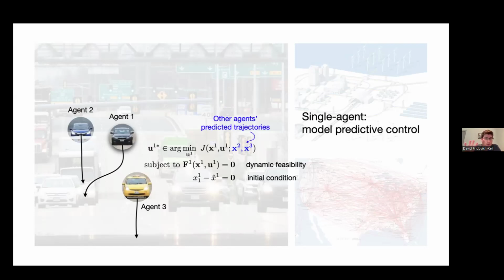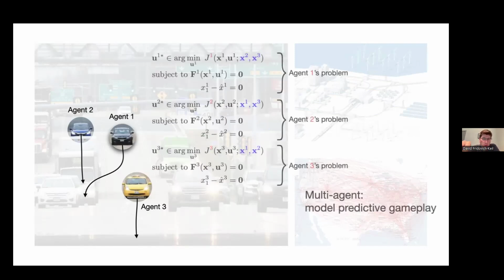But where we're going to go in this talk is to basically take a next level view here and try to understand where do these X2 and X3s come from. Well, they're trajectories of agents 2 and 3, and these guys are making decisions themselves.